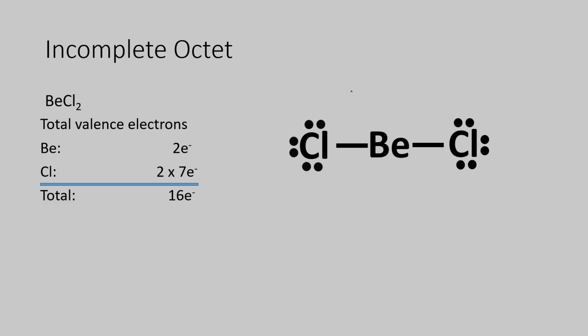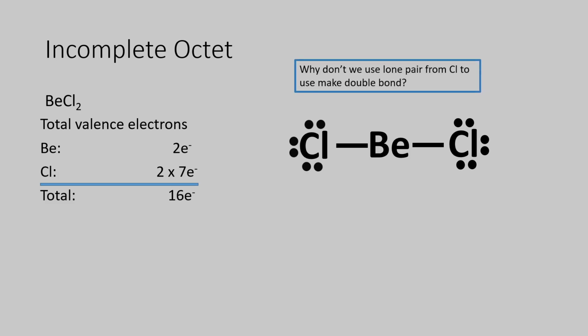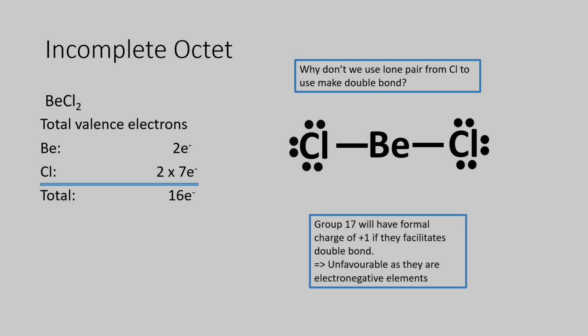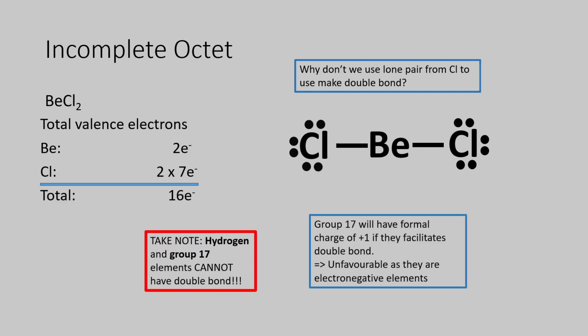So, macam hari tu, kita tengok, kita guna the lone pairs untuk buat double bond supaya cukup. Kan? Tapi, hari tu saya dah cakap, hydrogen and group 17 cannot have double bond. Kita tak boleh nak ambil lone pair untuk jadikan dia double bond.